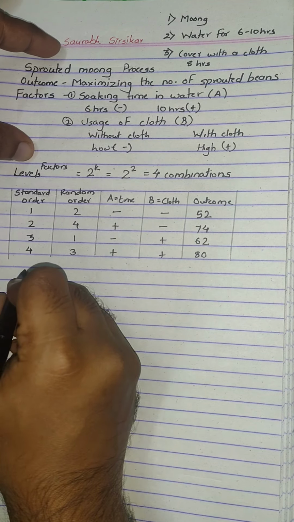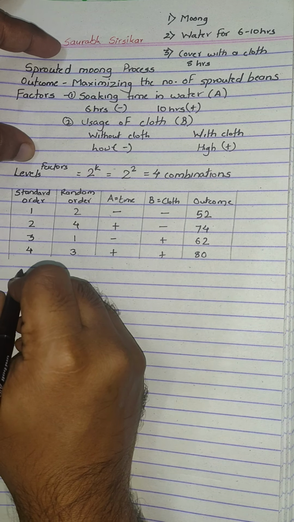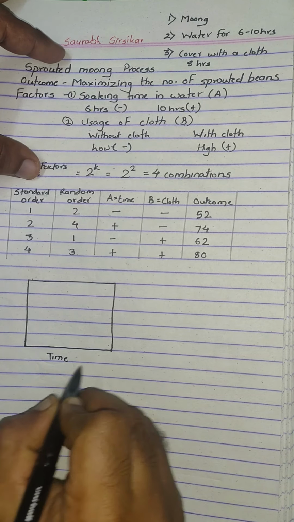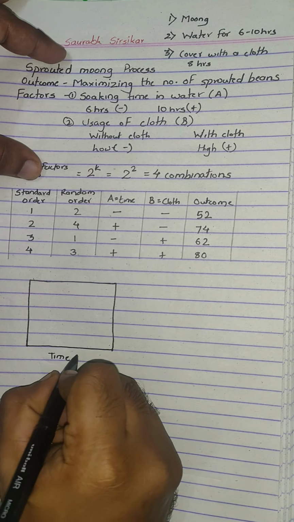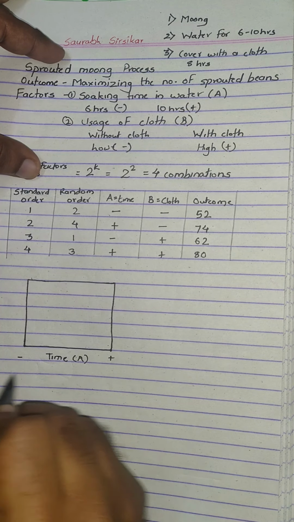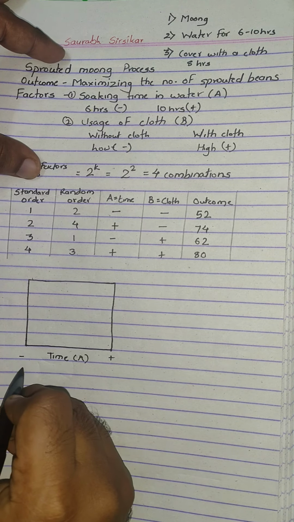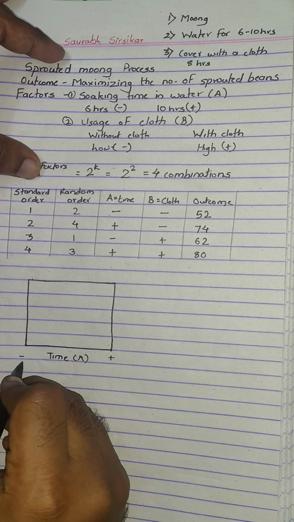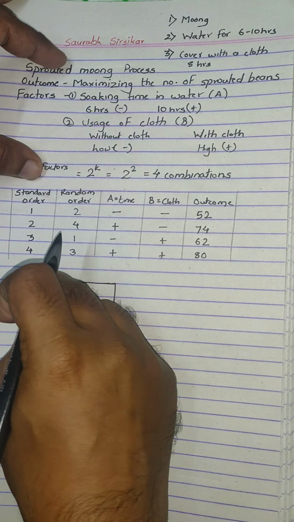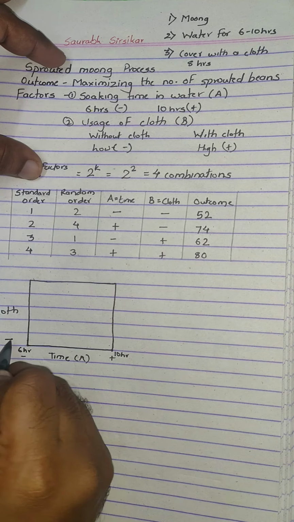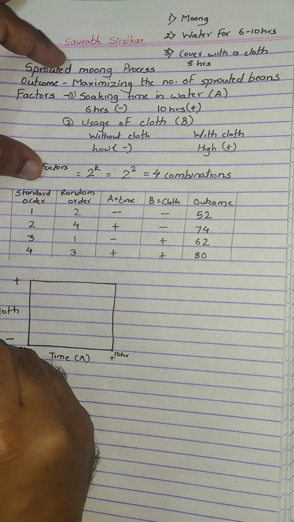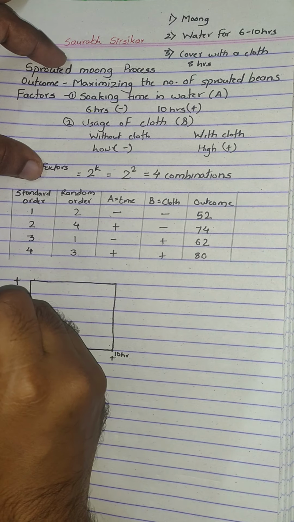First step, I am going to draw the cube plot. I will keep soaking time on the horizontal line, that is factor A. The lower level will be at the left and the higher level at the right. So the lower level is 6 hours, and this is 10 hours. Cloth will be on the vertical axis, lower level at the bottom and higher level at the top: without cloth and with cloth.